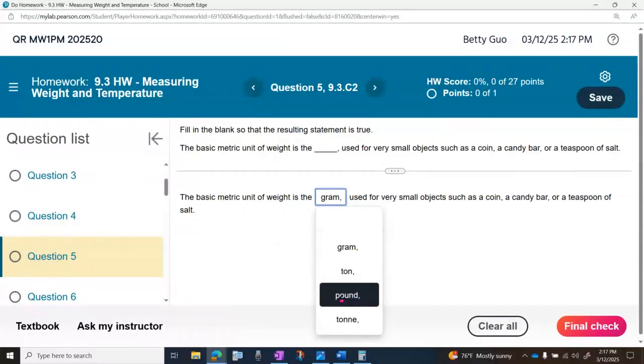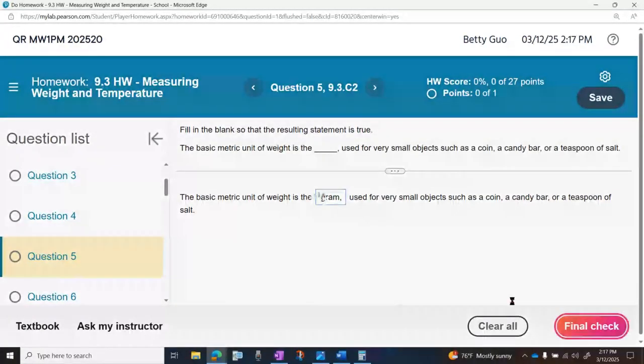Pound, we will not use for something that small like candy or a coin. One candy is very small. Pound, maybe we use to weigh a baby, like my baby, maybe 25 or 30 pounds, right? Yeah, gram is a good choice.